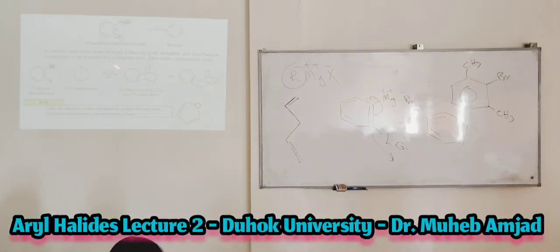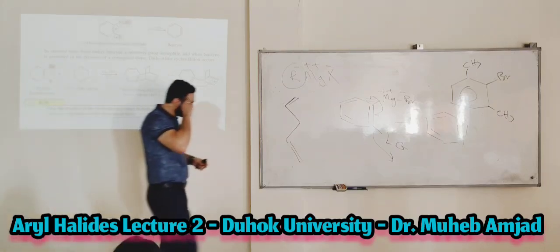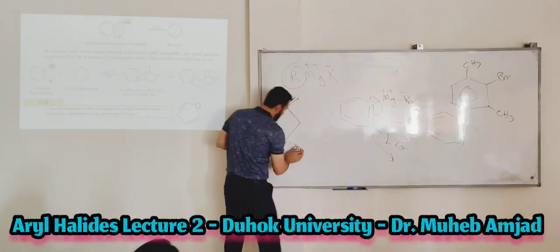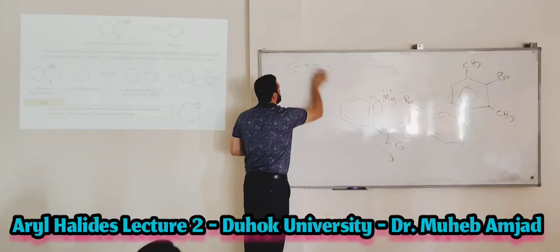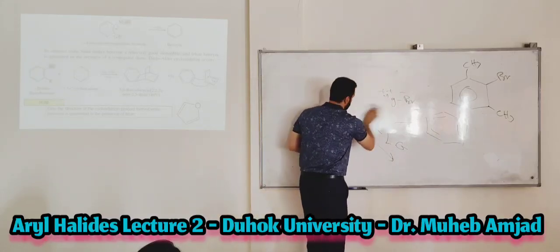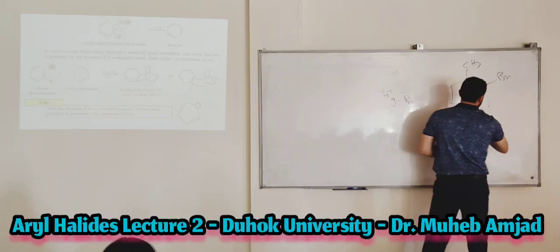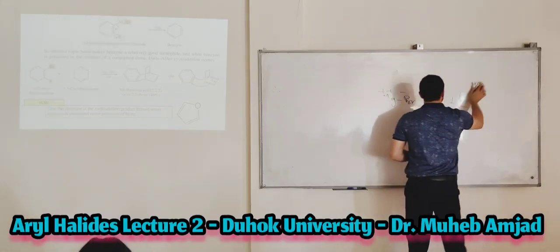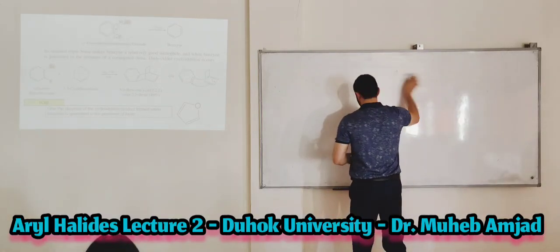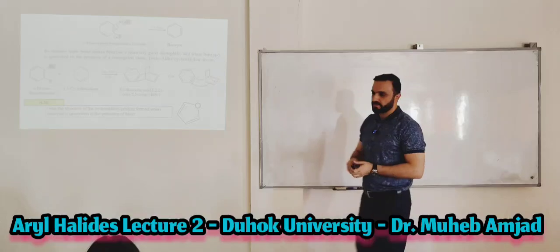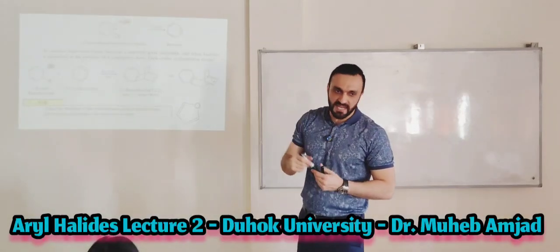Benzyne will react with the conjugated diene. So a cycloaddition can occur here. If you want, I can give you an explanation of how the reaction happens, but I go directly to the benzyne intermediate.